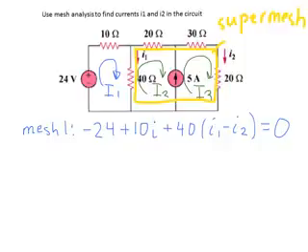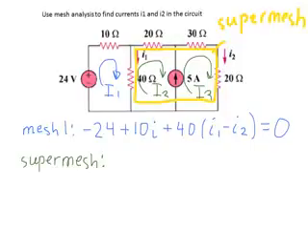Now we need to write the equation for the supermesh. What's the difference? When we write the equation for the supermesh, we need to write the equation for the whole supermesh. But we do not ignore the currents I2 and I3.